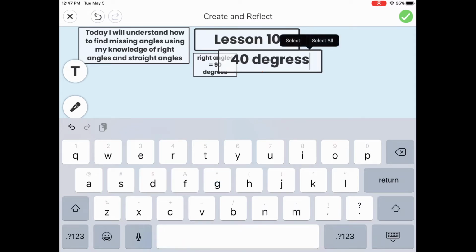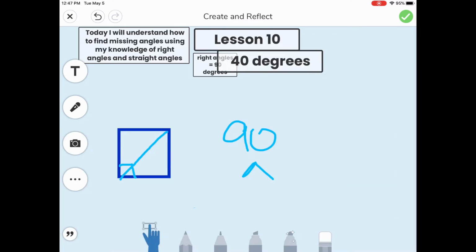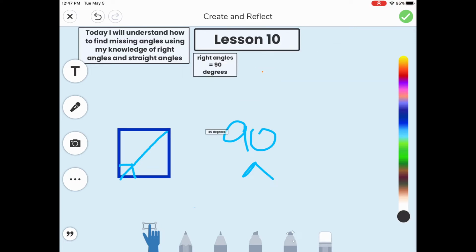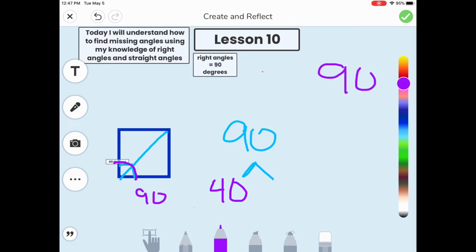Our cut wasn't quite equal. So we know that this part of it is 40 degrees. Since we know that this whole entirety of this angle is 90, we're going to take 90 minus 40 to figure out the other part of the angle.